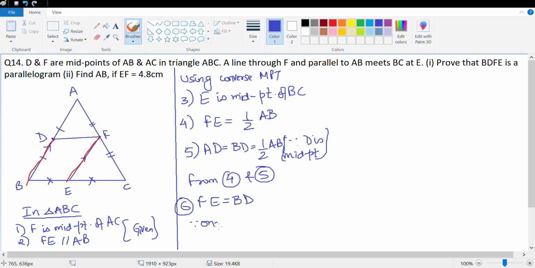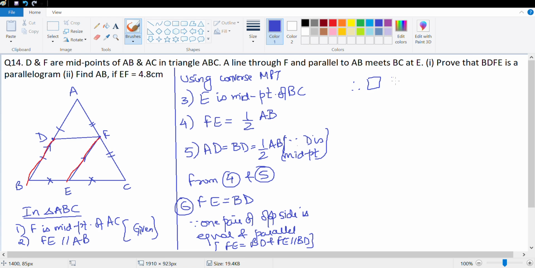Since one pair of opposite sides is equal and parallel, which is this equal side, FE is equal to BD, and FE is parallel to BD. Therefore, quadrilateral BDFE is a parallelogram. Perfect. So this part is done.